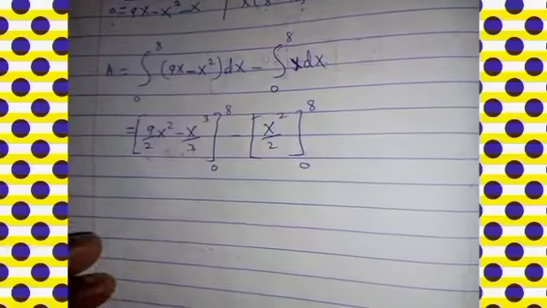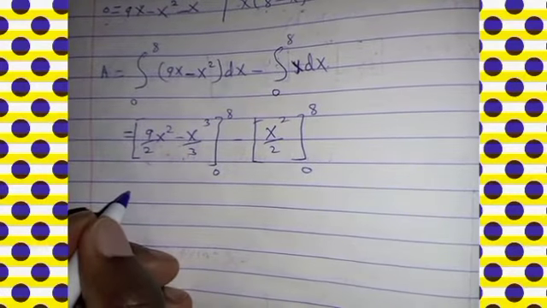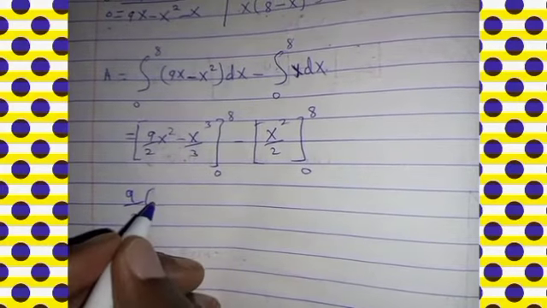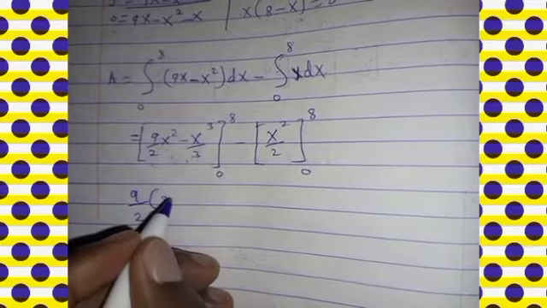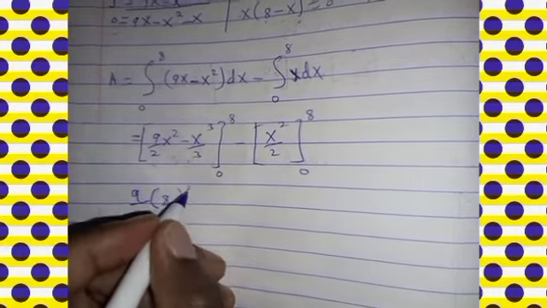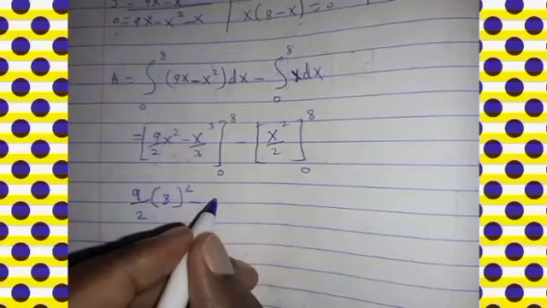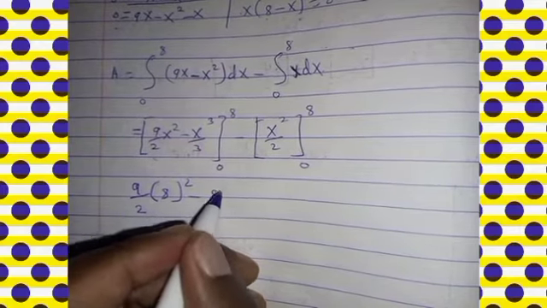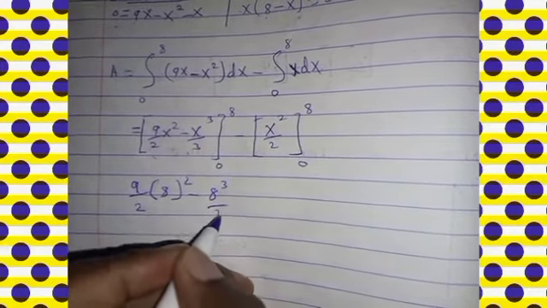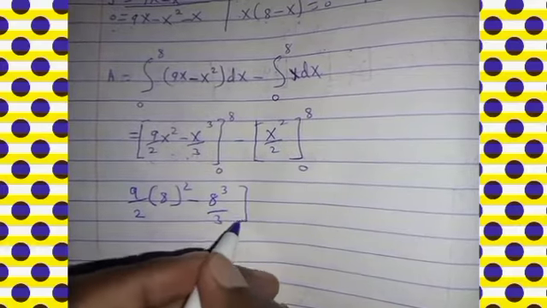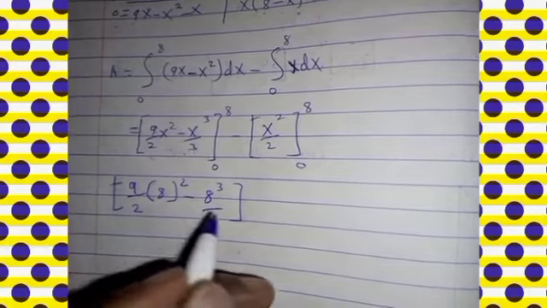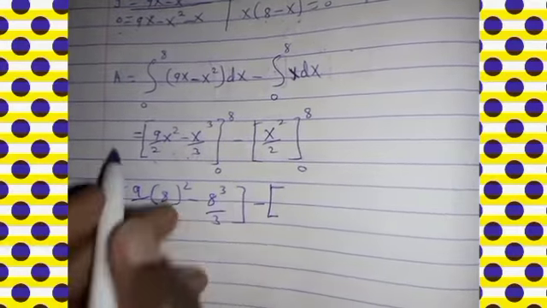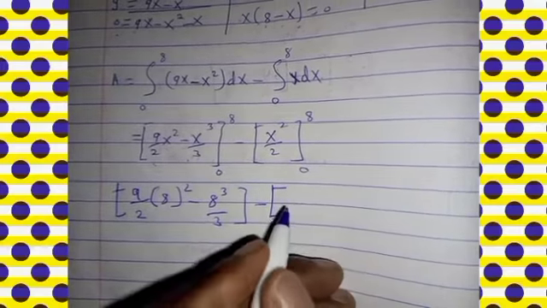Here we are going to have 9 over 2 into bracket 8 squared, minus 8 cubed over 3, minus bracket. When we substitute 0, this part will become 0, so that's why I have not bothered with it.